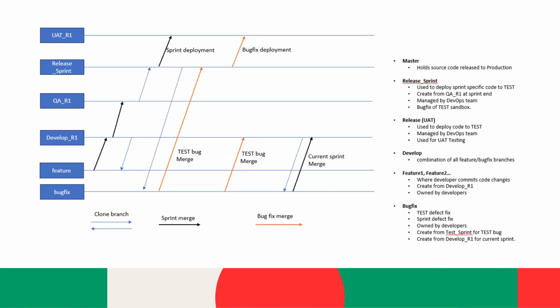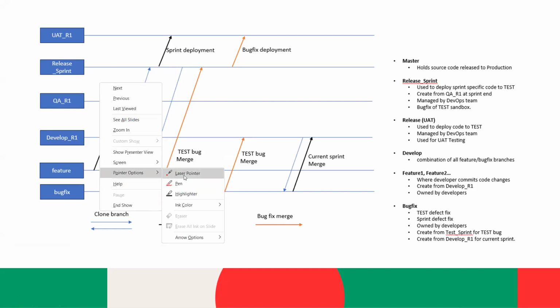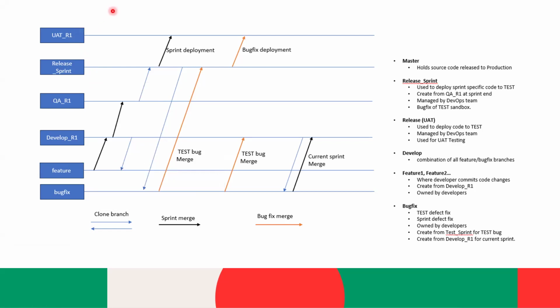Yes. Let's say you create a branch from release sprint. Is there a limit on how many branches you create, or do you keep the branches after you're done, or do you delete them? Yeah, this is a good question. Let's say your production deployment is completed.